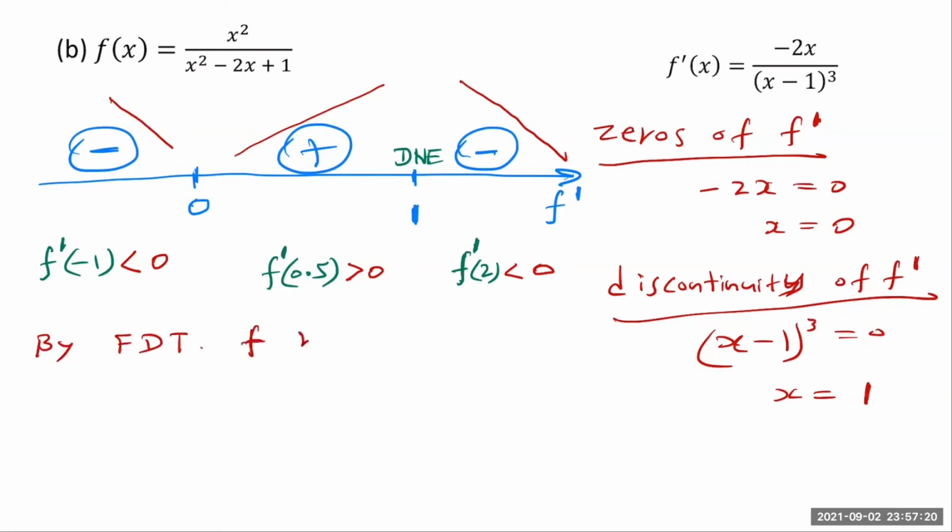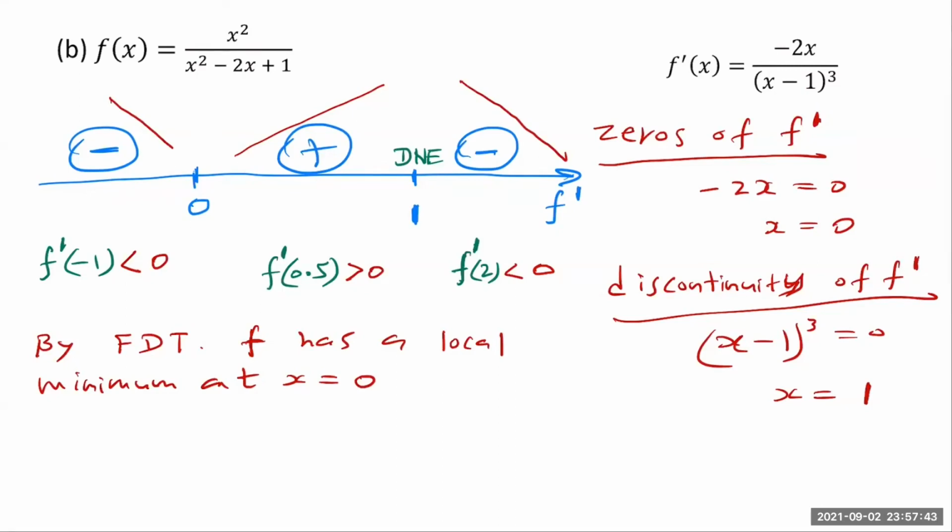So f has a local minimum at x is equal to 0.